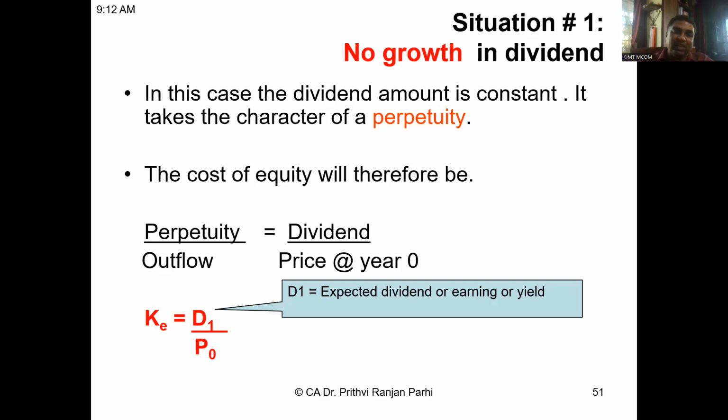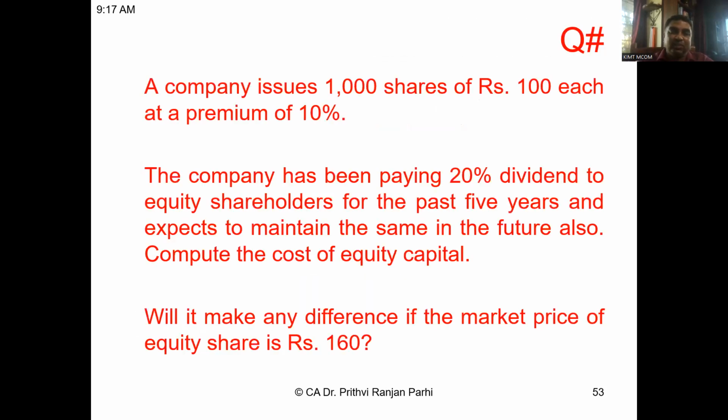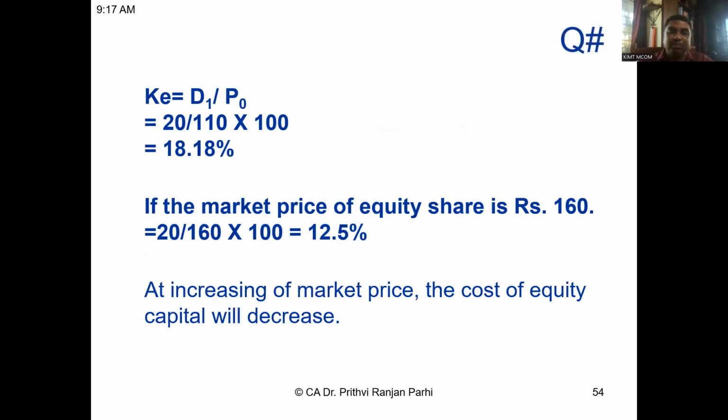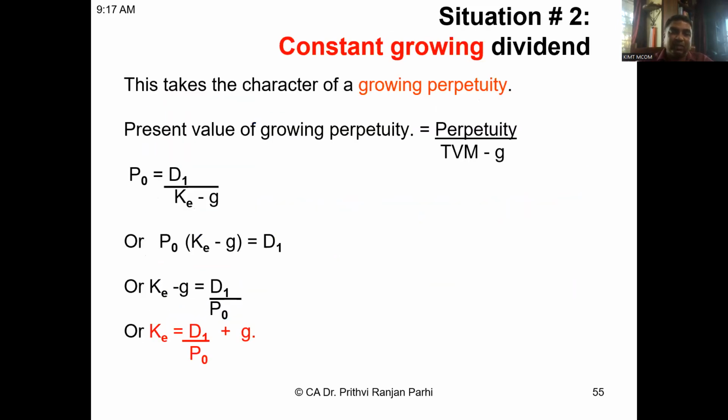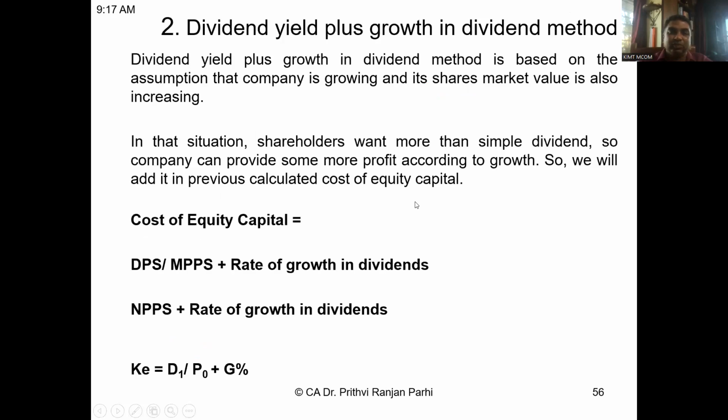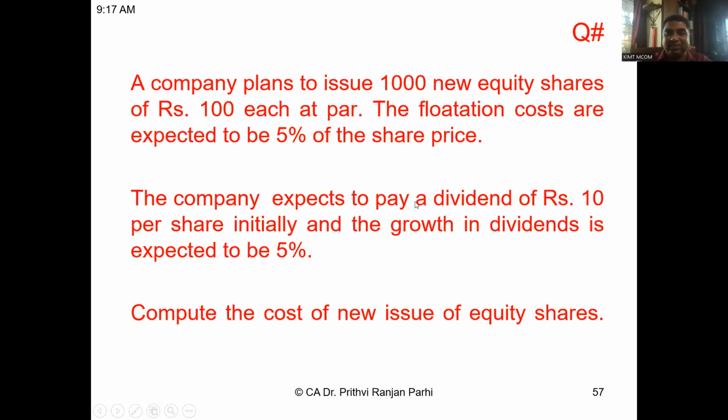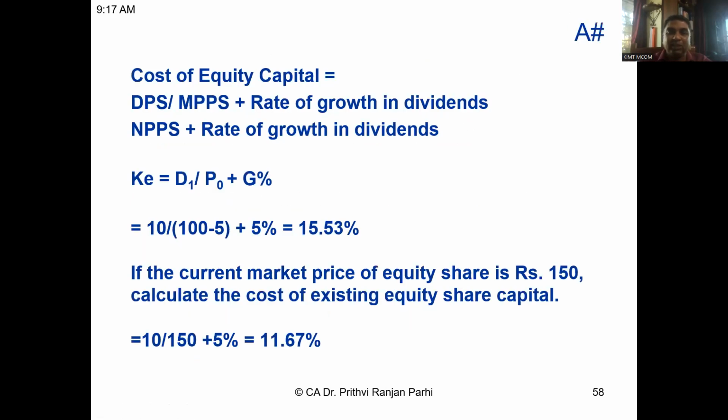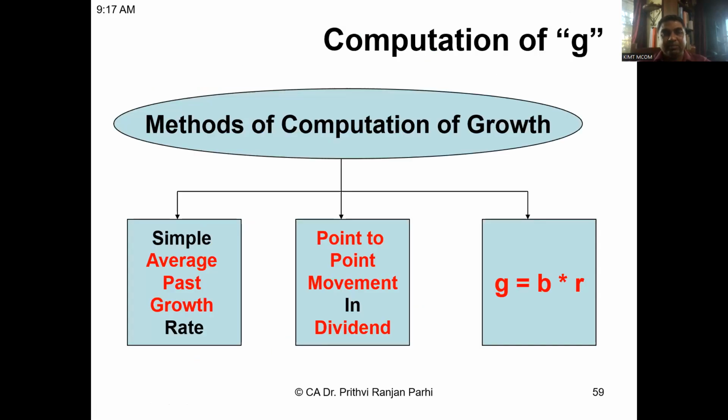And when there is growth in dividend, the formula gets modified to D1 by P0 plus G. We had also solved some questions using these two formulas in the last two classes.